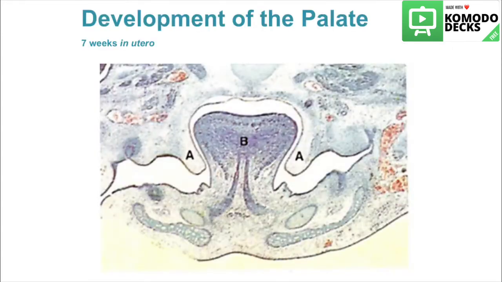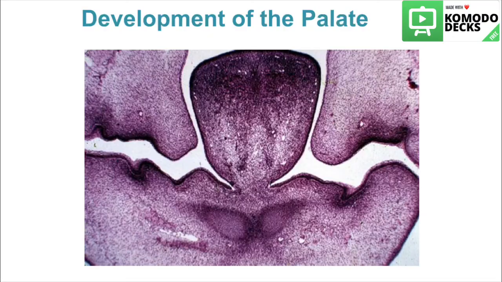This is the 7th week in utero. In A, the lateral palatal shelves are growing vertically around the developing tongue in B. You can also see the tooth buds, the germ buds that will develop later on.